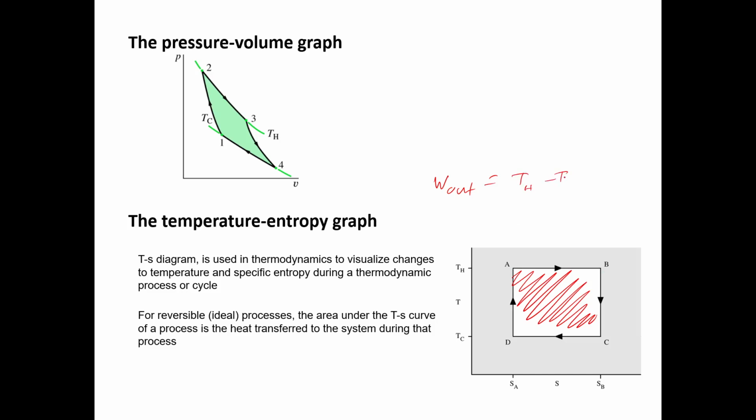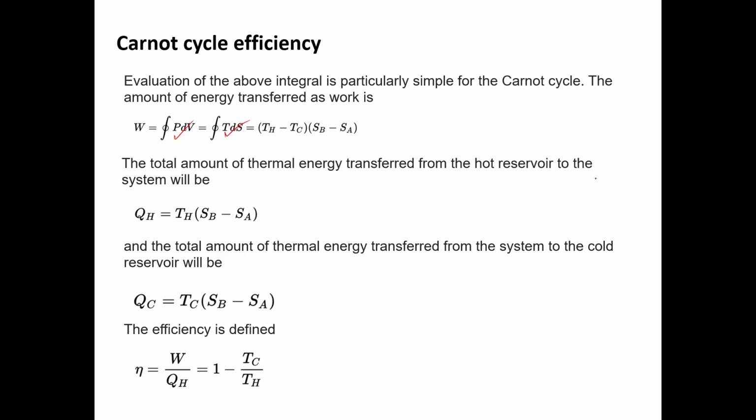TH minus TC times SA minus SB, right? So basically this area is the total heat that is converted into work. Then also we can write the total energy transferred from the hot reservoir to the system will be TH times SB minus SA.